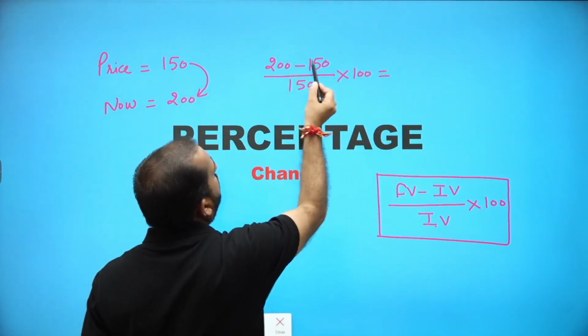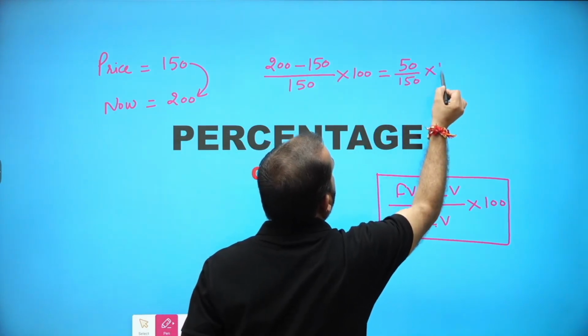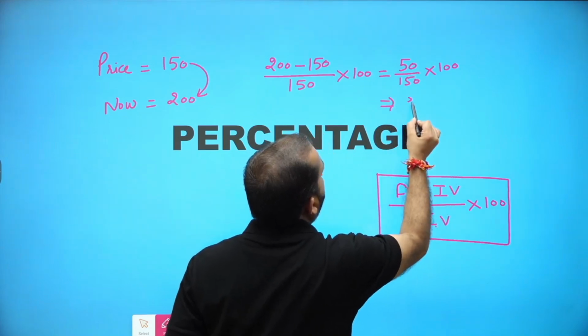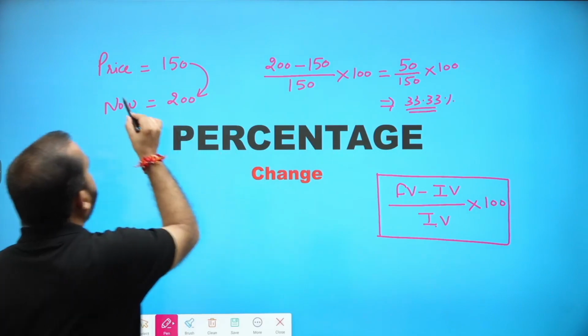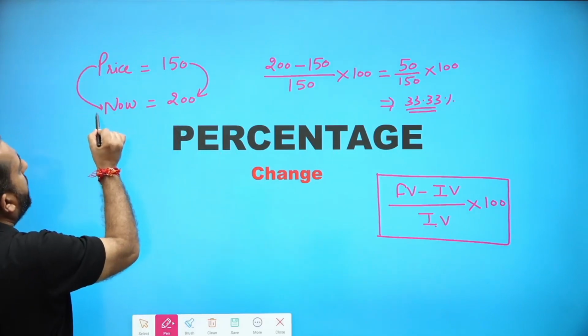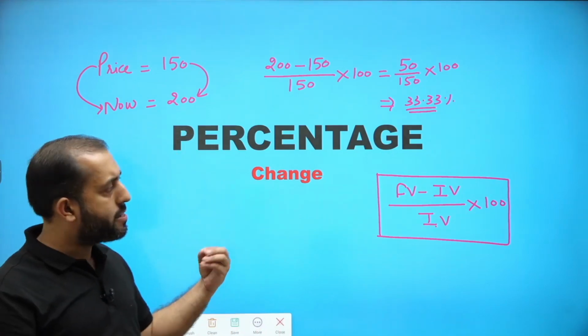If we solve this, it becomes 50 upon 150 into 100, which is 33.33%. So the price of tomato has grown by how many percent? 33.33%. I hope guys this is clear.